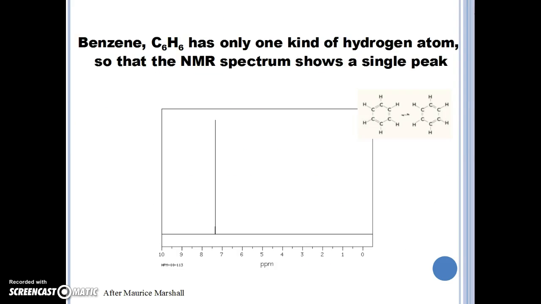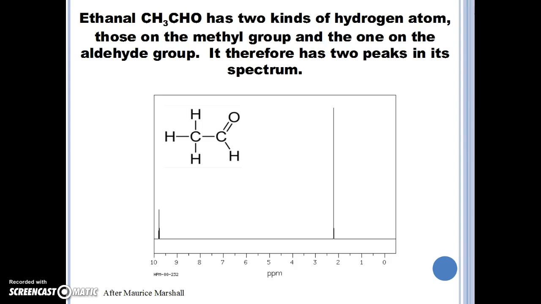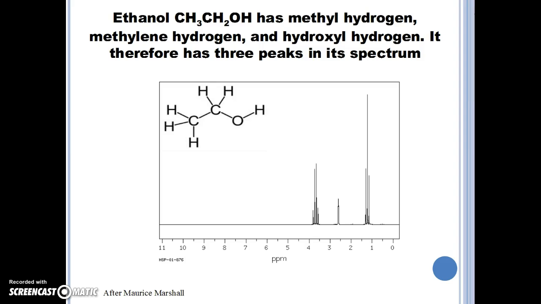And this is an NMR for something with only one kind of hydrogen in it. This is going to have two kinds of hydrogens in it, and so you have two peaks. The bigger one is the CH of the methyl group. And ethanol is going to have three peaks. The methyls, this secondary carbon-hydrogen bond, and then the hydroxyl hydrogen.